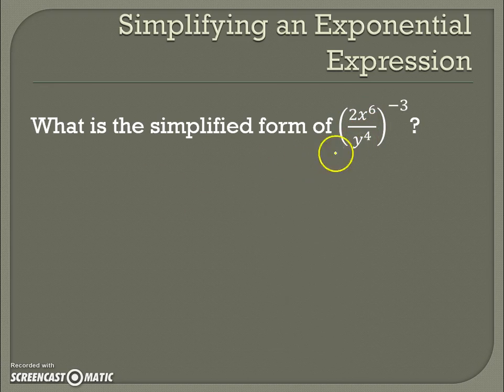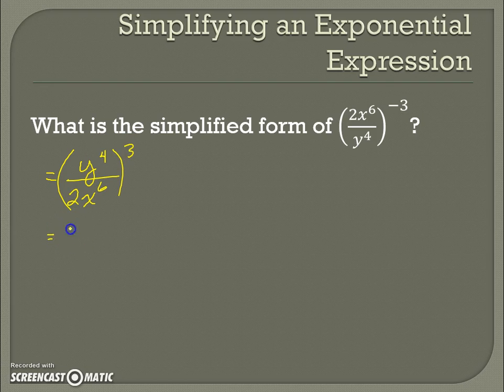So in other words, I want you to rewrite this, flipping the fraction. So I'm going to have y to the 4th over 2x to the 6th. And now that whole thing is cubed. The negative flips it. All right, so that's the way you need to approach that, is that negative is going to flip the fraction.